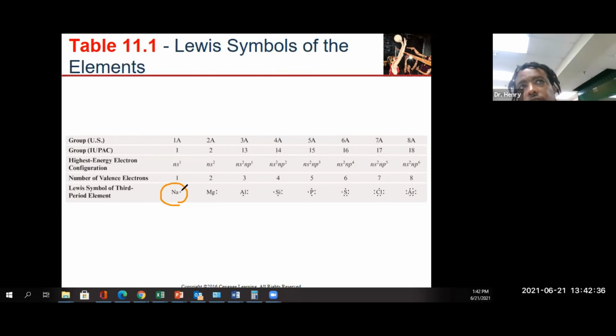Magnesium has 2 valence electrons, so we can use those 2 electrons for reactions. Aluminum has 3 electrons. Silicon has 4 valence electrons, so there's 4 that we could use for the reaction. Phosphorus has 5 valence electrons, so 5 electrons for reactions. You guys see that? You understand it?